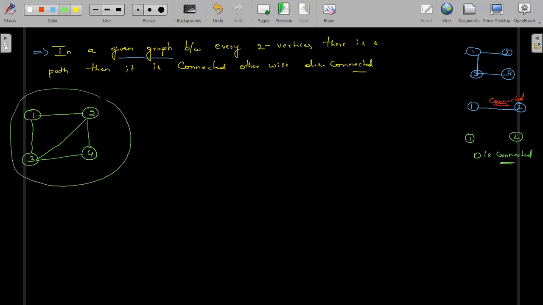Consider this a graph, and I am going to represent it as G. This graph consists of vertices V, and edges which are connected, E. So this is the definition of a graph actually.